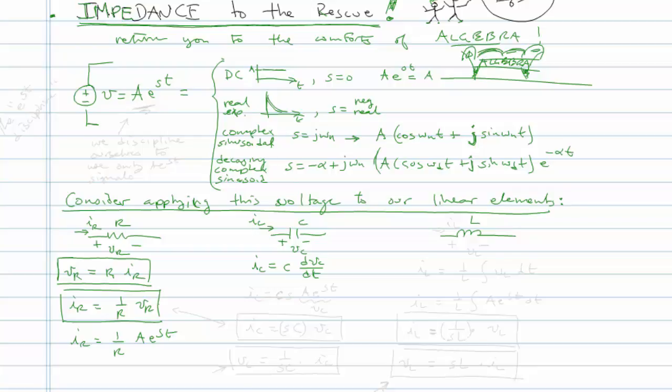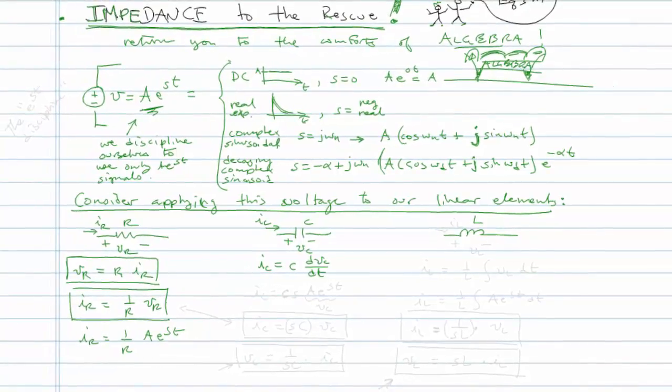So we're going to see if that shows up if we discipline ourselves to a certain class of signals. The signals we're constraining ourselves to are the signals of the form A e to the st. So we discipline ourselves to use only e to the st, or A e to the st signals.